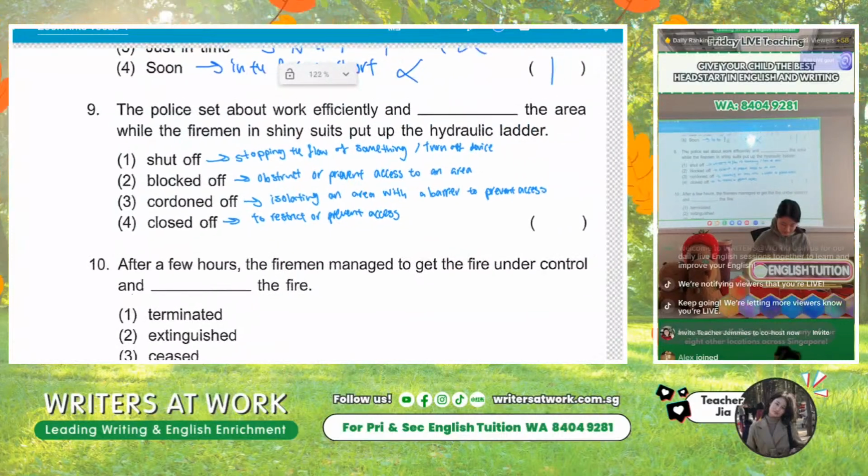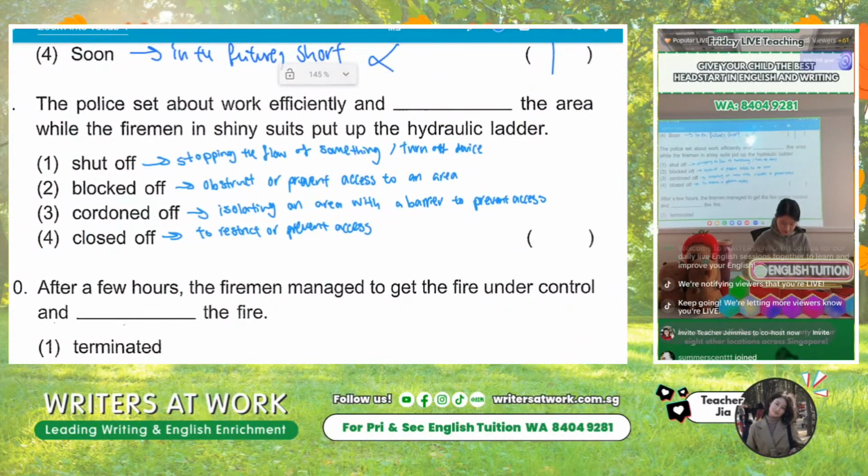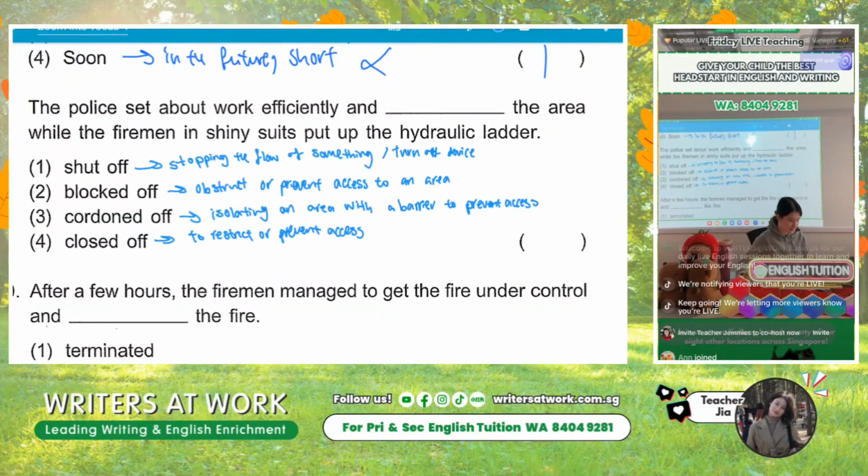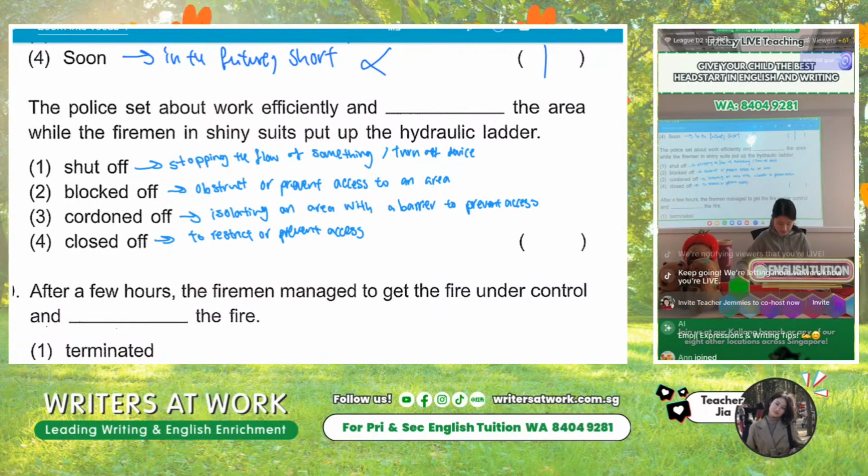All right, so right here we have these four options. Now let's take a look at which one might be the best option for this question. Okay, when it comes to shut off, it refers to turning off more of a service or a function. So it doesn't mean physically blocking access to something.